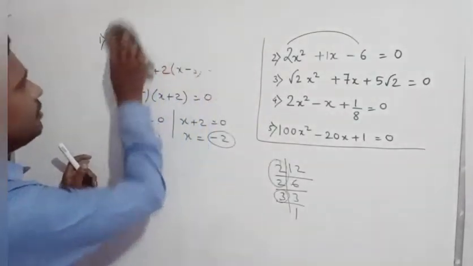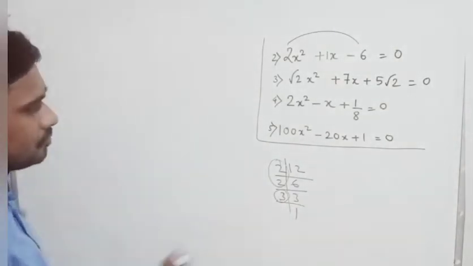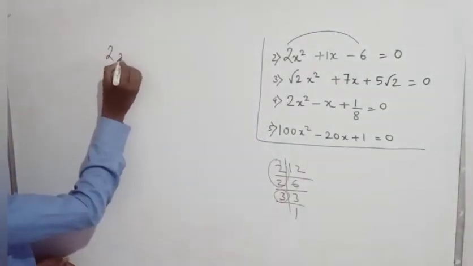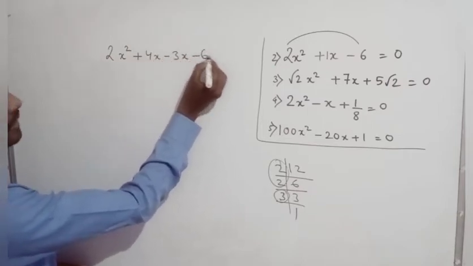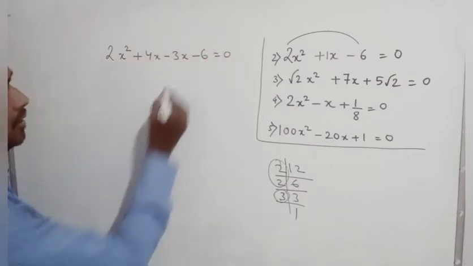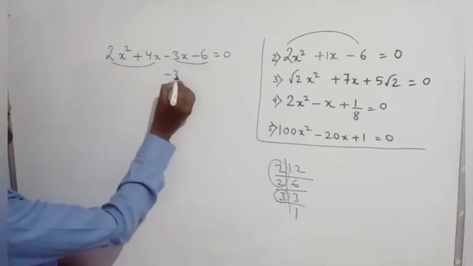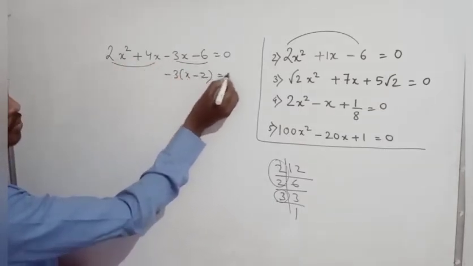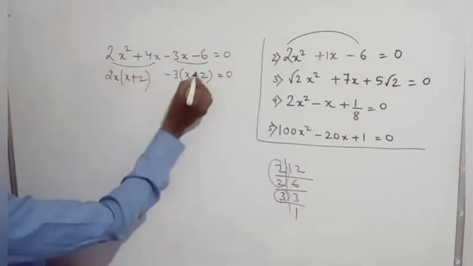So how will you solve the second question? 2x square plus 4x minus 3x minus 6 is equal to 0. Now again, the same method, you will take common. What will you take common in these two? Minus 3, it will be x plus 2. Here you will take 2x common, so x plus 2.